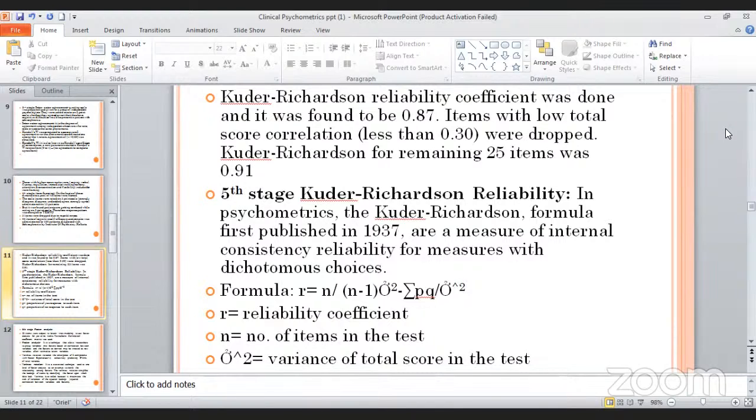So for measuring the internal consistency, Kuder-Richardson reliability was done, first 0.87, and after that she did the item total correlation and found some items that are poorly consistent. Then she dropped them, and Kuder-Richardson reliability was done again, and for the 25 items it was 0.91. So finally, 25 items were extracted.